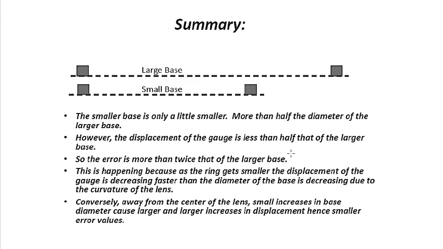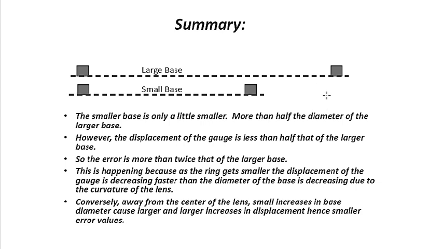So we can summarize that. You have a larger base and then you have a small base. The small base is actually smaller, number 7, and this one is number 10. So it's more than half the diameter of the larger base. What you're doing is comparing the base diameter.